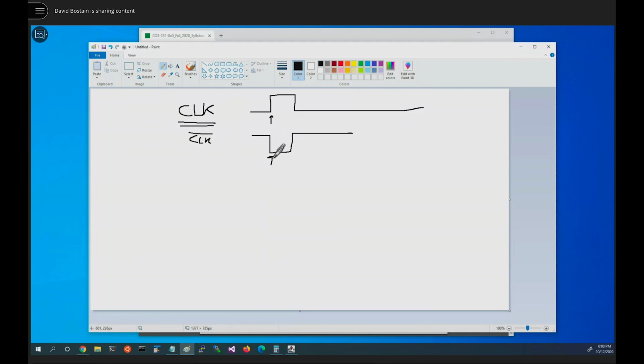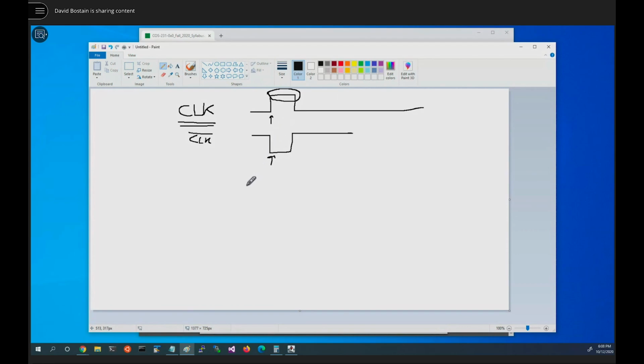Now, being transparent means that while the clock is in its asserted state, for example while it's high, we're going to allow the signal that's being controlled to pass through to the outputs. That's not necessarily a good thing.